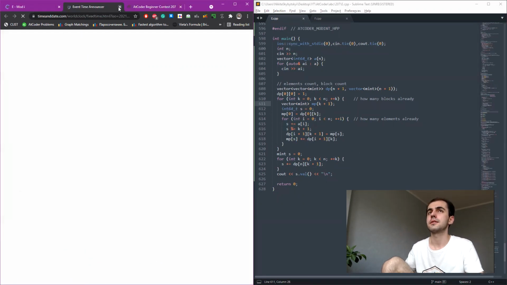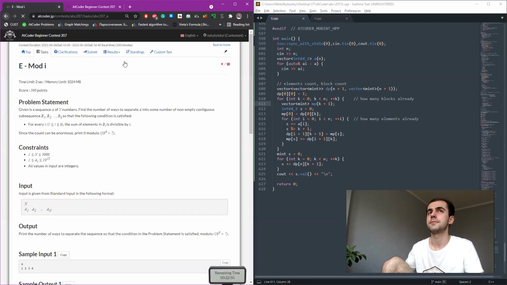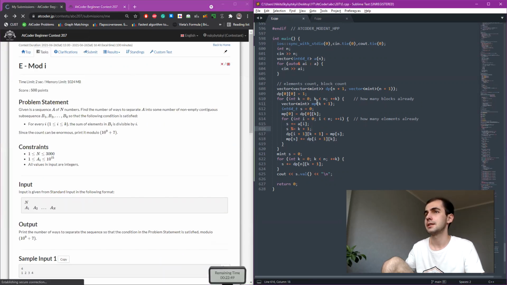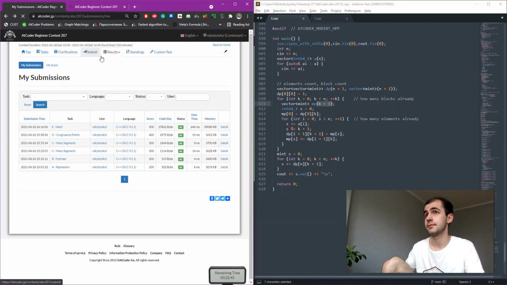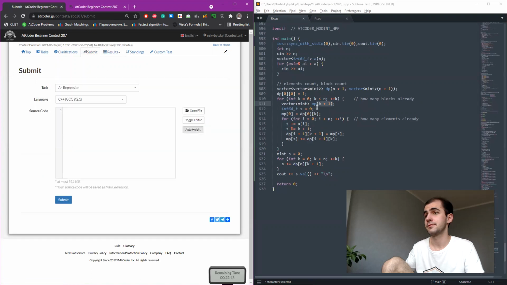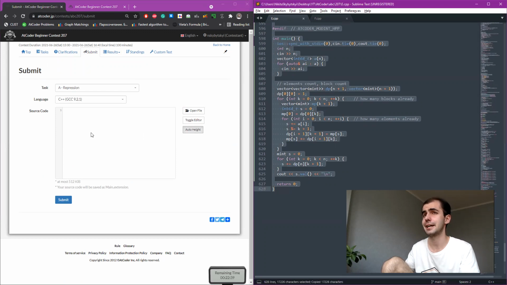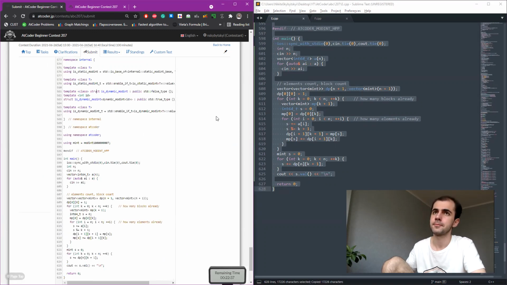Oh, everything went wrong. Did it right? Like, the maximum remainder is k, so therefore we take k+1 and it should just work.